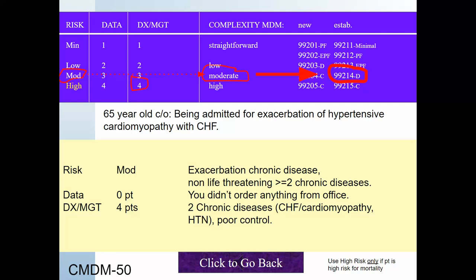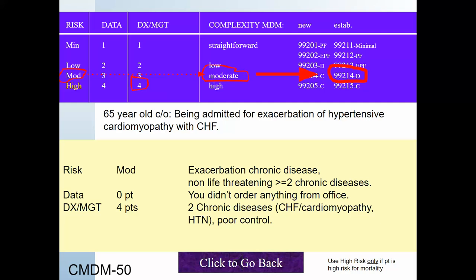Notice that not every single person in the hospital or being admitted to the hospital has that threat to life. I've often given the example of a heart attack, and I usually give that in the risk section, but let's talk about risk in another way.